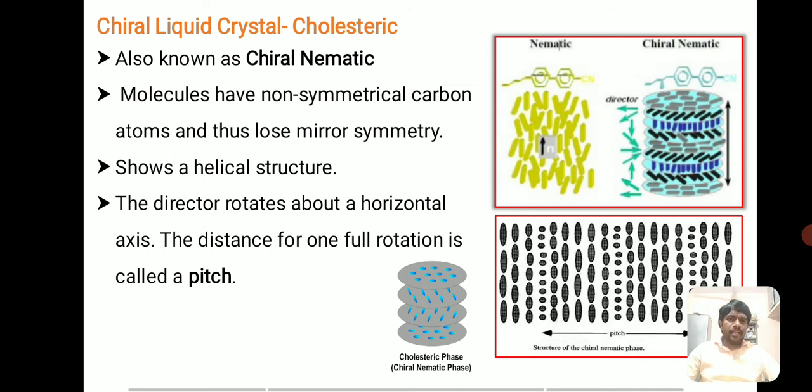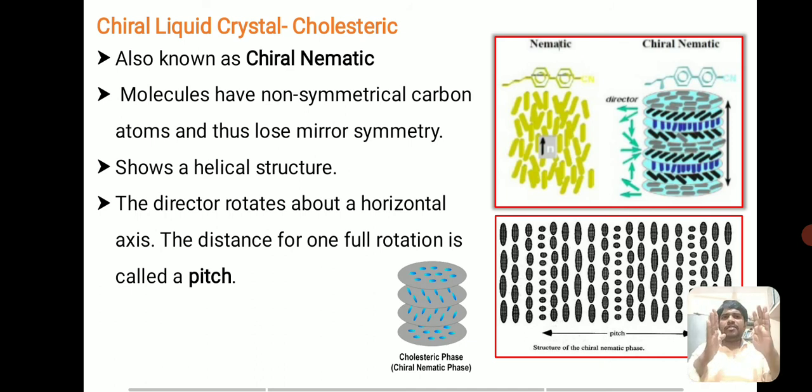And coming to the next phase, that is the chiral liquid crystal or cholesteric. This is also known as chiral nematic. Here in this case, molecules have non-symmetrical carbon atoms, and thus lose mirror symmetry.